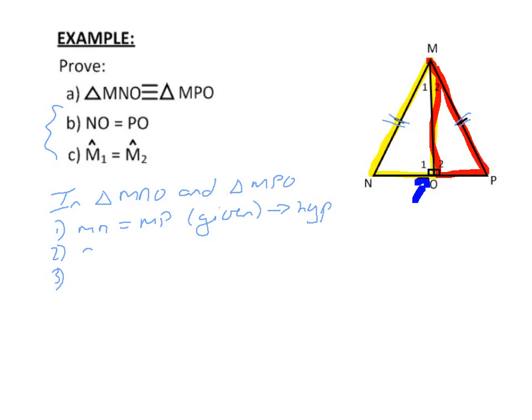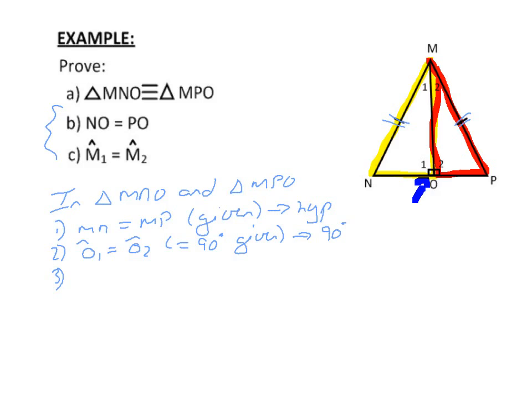I've also got angle O1 is equal to angle O2, and that's given. Let's just write equals 90 degrees. And that's given, and that's special because that's a right angle. So I've proven the hypotenuse in each triangle is equal. I've got a right angle in each triangle that's equal. And so I'm looking for one more side, because I've got right angle, hypotenuse, one more side that's equal.